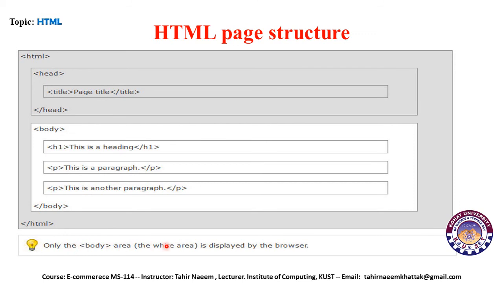Only the body area, the white area, is displayed by the browser. As I have discussed earlier, the contents written in the body are displayed in the browser, while this colored part is not shown in the browser.